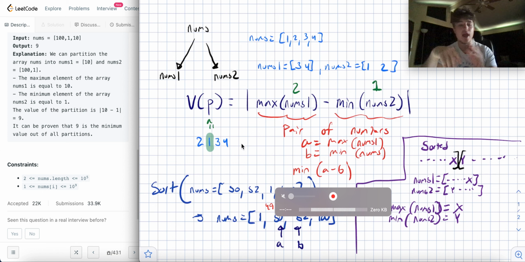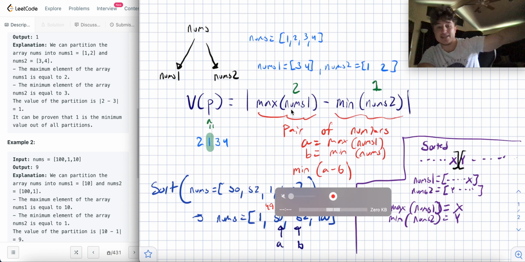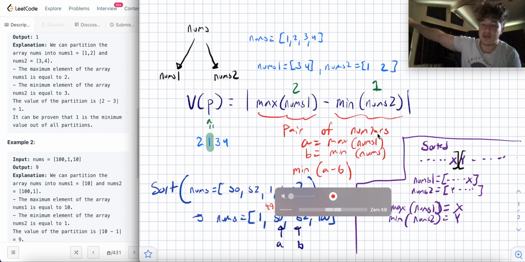There's always a way, given these partition constraints, where we can construct a system where one element in the original nums is the max of some partition nums1, and the other element is the min of some other partition nums2. And that idea really is just to sort the system and then put everything that's less than the max number in nums1 and everything that's greater than the min number in nums2.